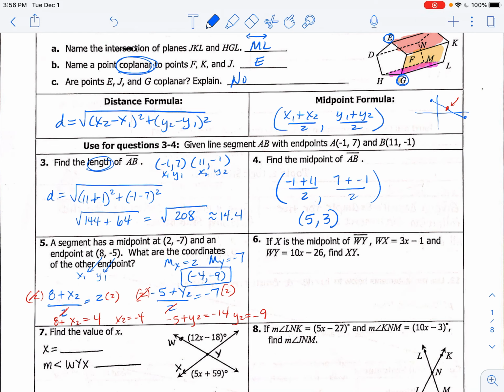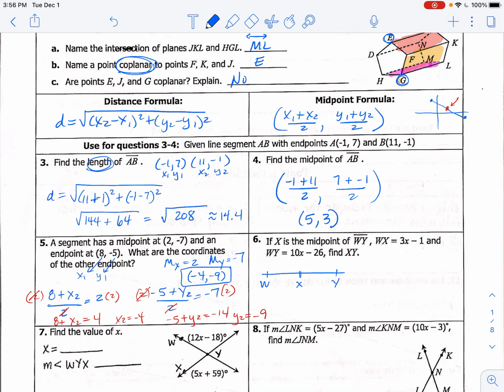Number 6, if x is the midpoint of wy, wx is equal to 3x minus 1, and wy is equal to 10x minus 26. Find wy. Okay, so let's see. So we have w somewhere here, and y somewhere here, and x is the middle.